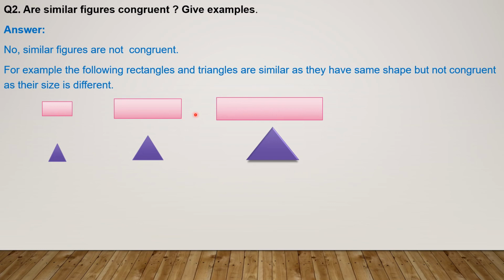These rectangles are similar to each other because they have the same shape of rectangle. Similarly, these three figures are all triangles, so they are similar figures, but they are not congruent because their size is not the same. Therefore, are similar figures congruent? No, it is not necessary that similar figures are congruent.